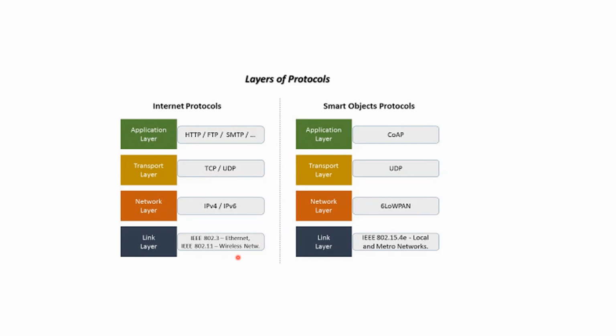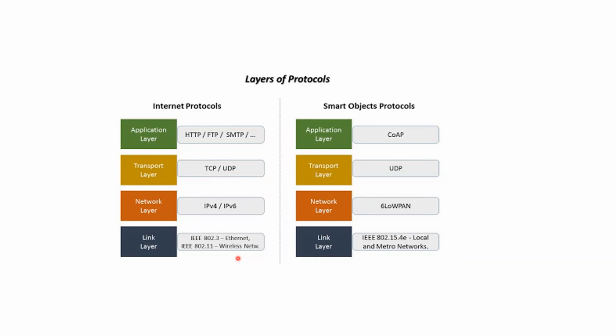Both follow the same technology, but there is a little difference between them. 802.11 is a protocol for wireless local area network, and data rates from 1 Mbps to 6.7 Gbps can be achieved with this 802.11 Wi-Fi protocol.